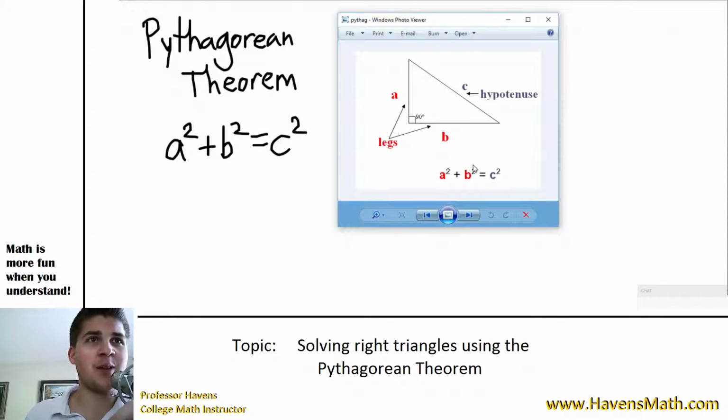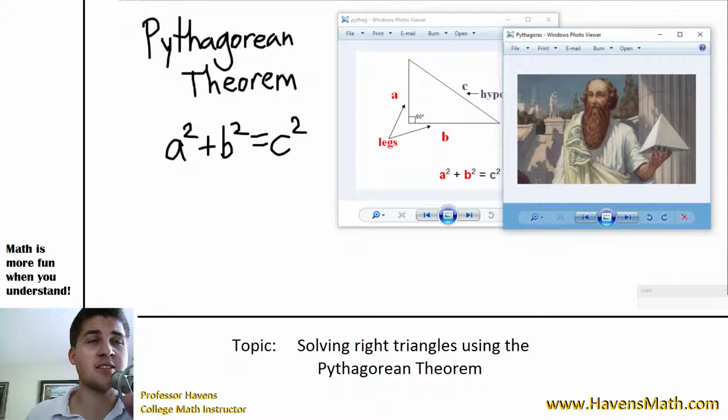And some of you might be wondering why is it called this? It's named after the mathematician and philosopher Pythagoras. This dude from long ago, Greek, you've probably heard of Pythagoras before, but there's actually no proof that he was part of this formula, and there's proof that Babylonians and other ancient civilizations knew of this principle, a squared plus b squared equal to c squared, to some degree, and had used it to solve problems.